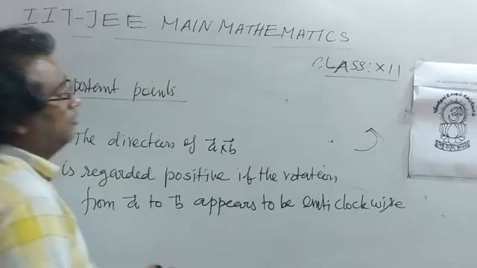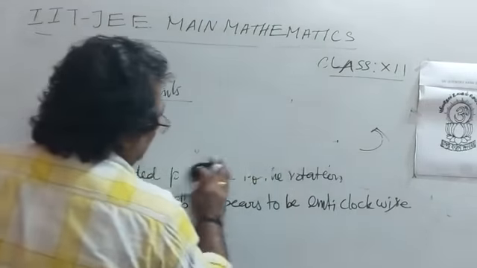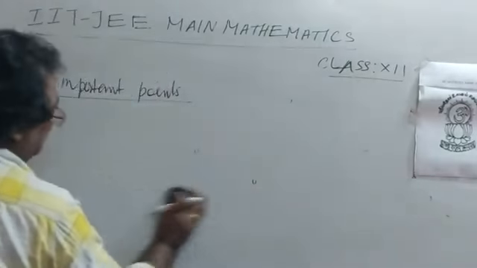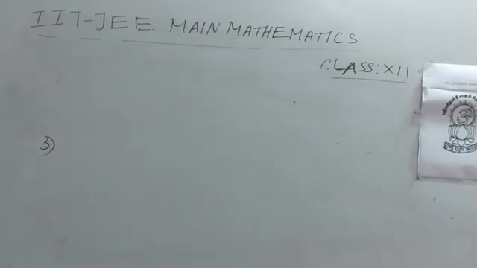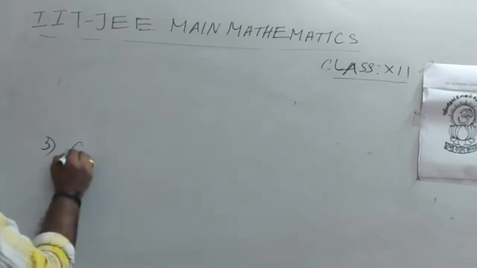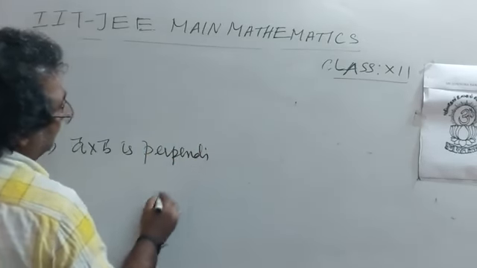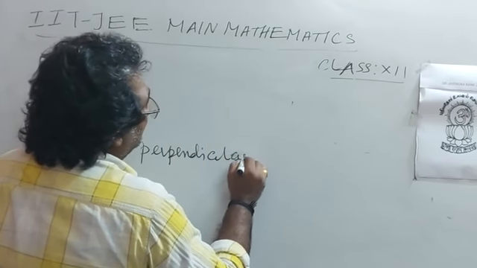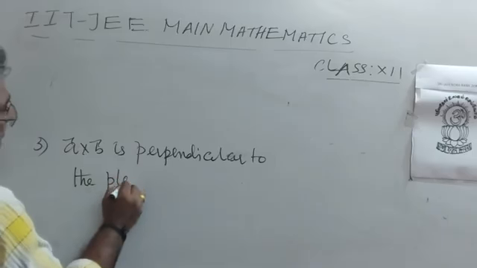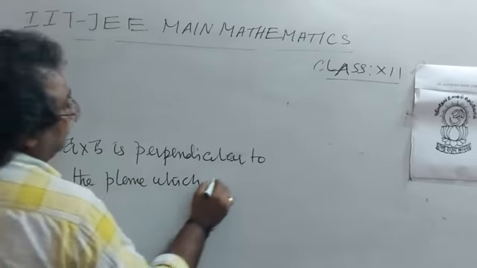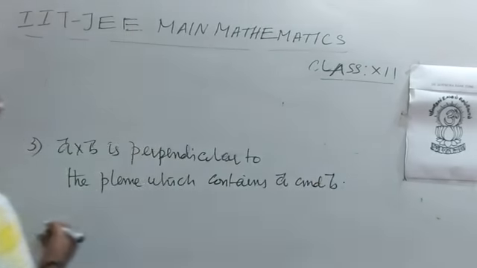It is in this direction we have to move. A cross B is perpendicular to the plane which contains A vector and B vector.